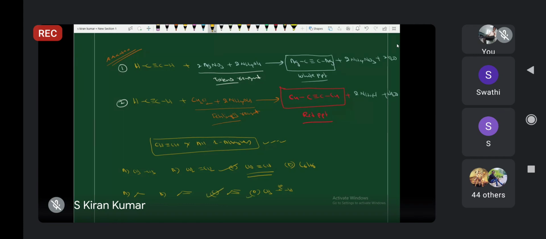C and D. Acetaldehyde also. Aldehydes and ketones are separated by Tollens reagent. Aldehydes react with Tollens reagent, but simple ketones do not react. Therefore, for aldehyde-ketone separation we also use Tollens reagent. Therefore, C and D are the correct answers.